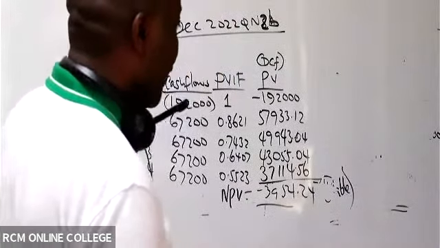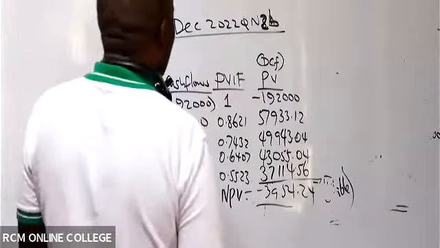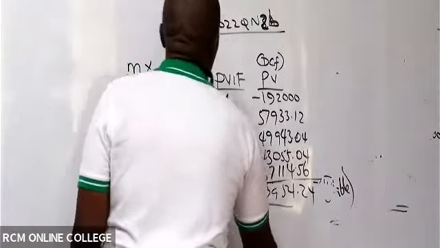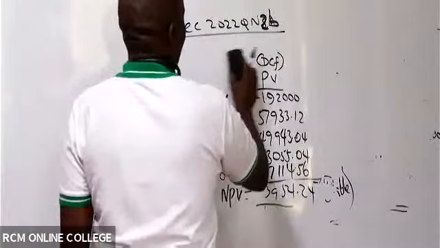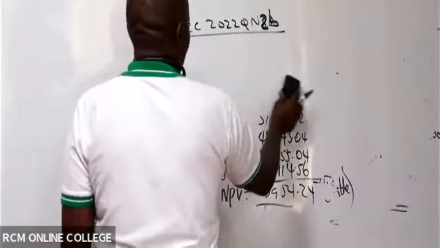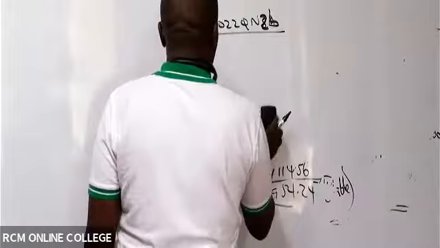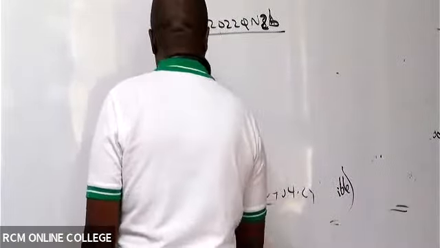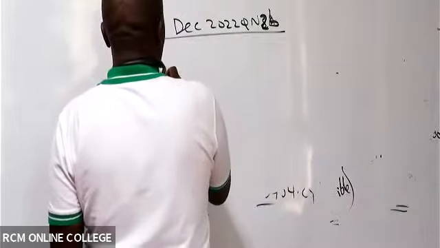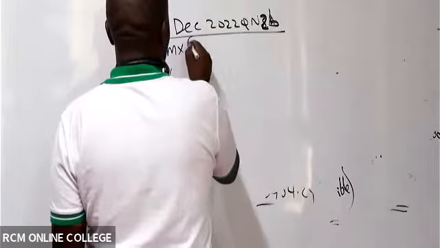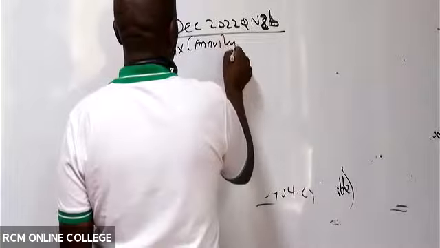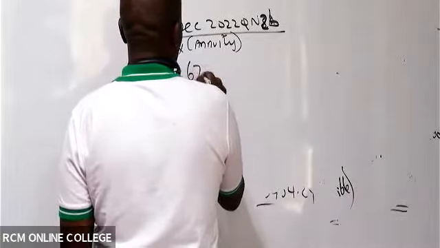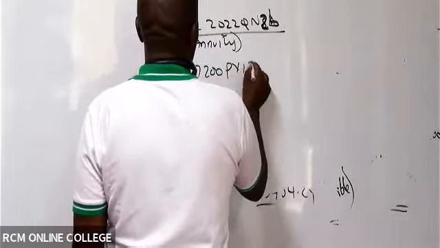Another bright student would have thought of doing this question this way. Somebody would have come here and said, this is an annuity. So they would have taken this 67,200 PV.